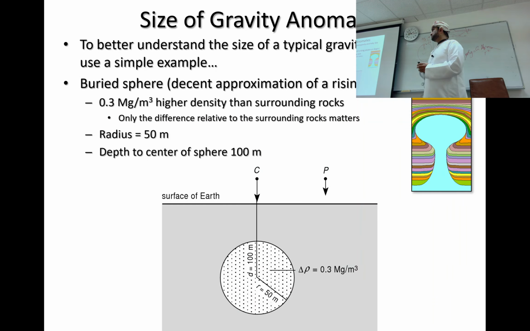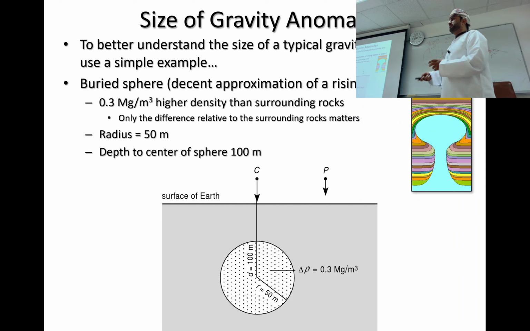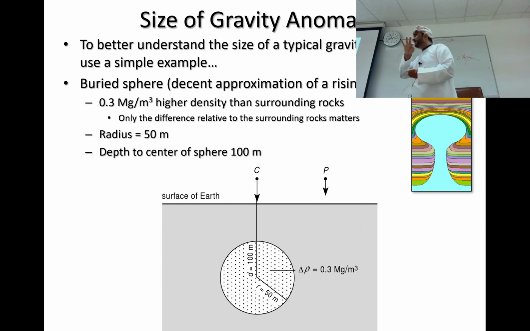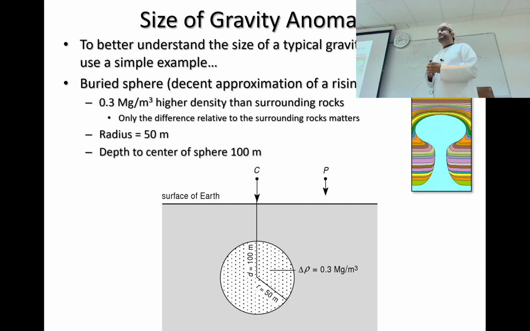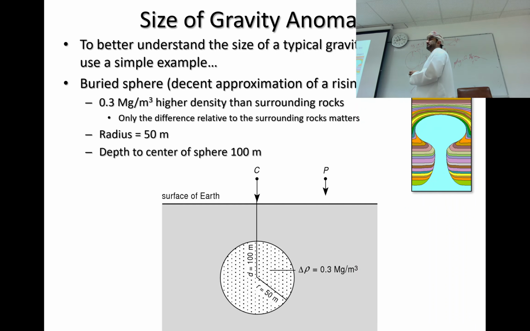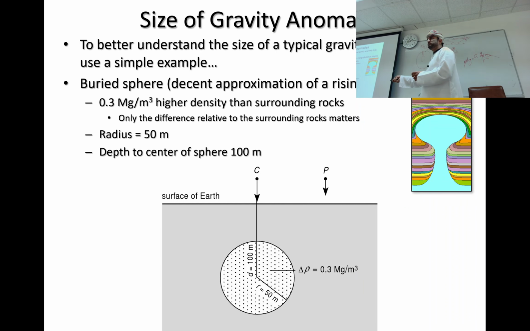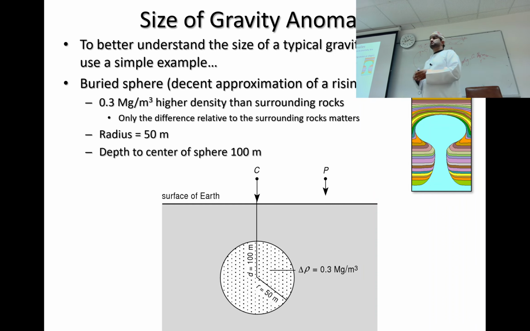So how can we measure resistivity? Let's take an example. This is a simple example. I'm trying to find not the absolute, but the relative change due to a different body in the subsurface. We assume that the earth is homogeneous.